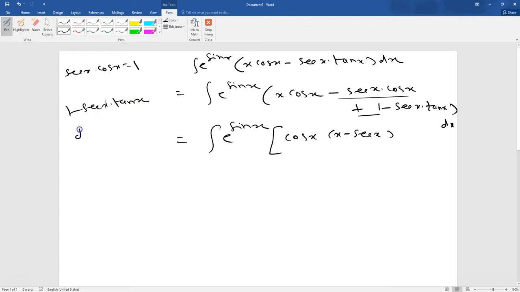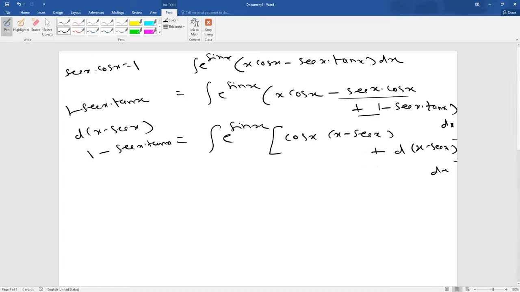This is a derivative of what? Of x minus sec x. See, the derivative of x is 1 and the derivative of sec x is sec x tan x. So we can basically put it like plus derivative of x minus sec x, correct? And then dx.